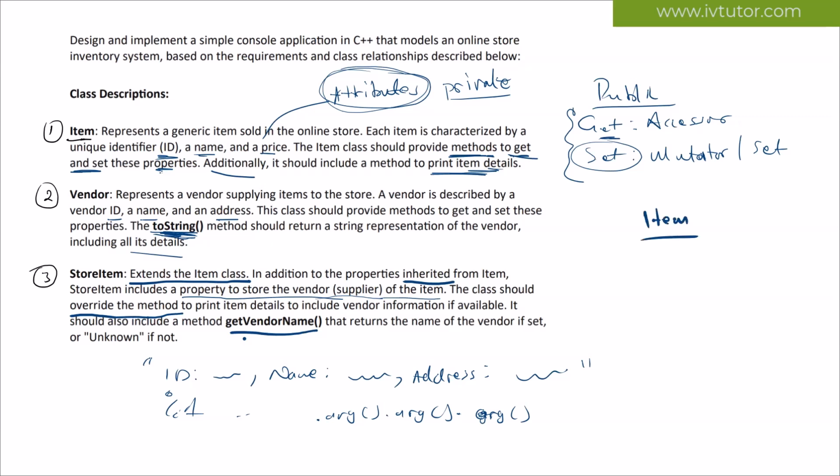And an item has everything I need, an ID, a name, and a price. Then you say, well, I also have an item, but this one kind of has more, but it's still an item. So you are saying, I have a store item in an item, right? Let's leave this here for now.